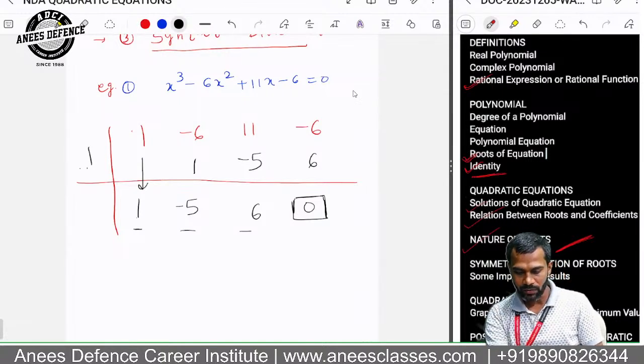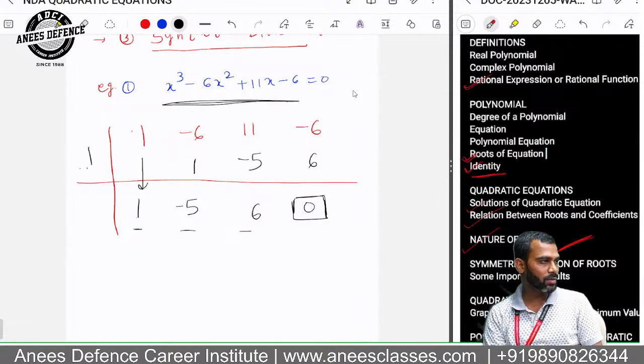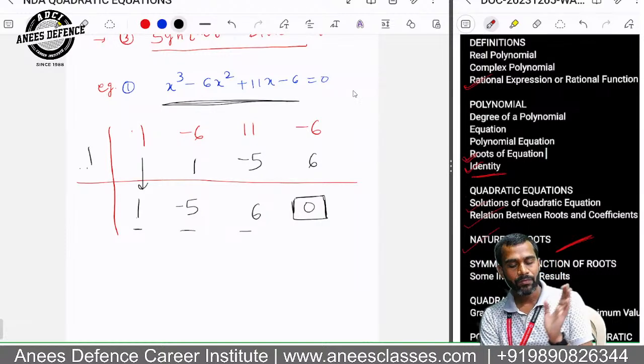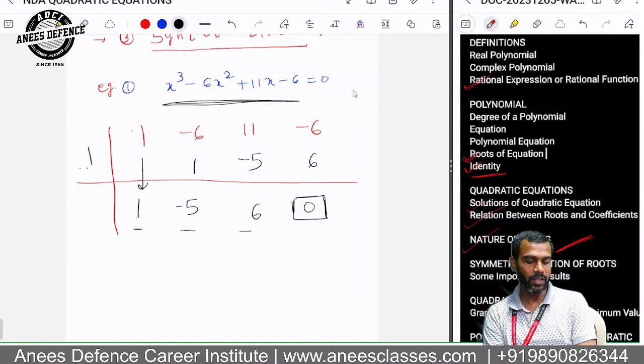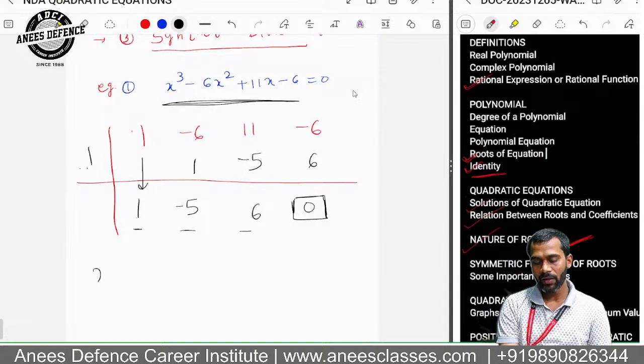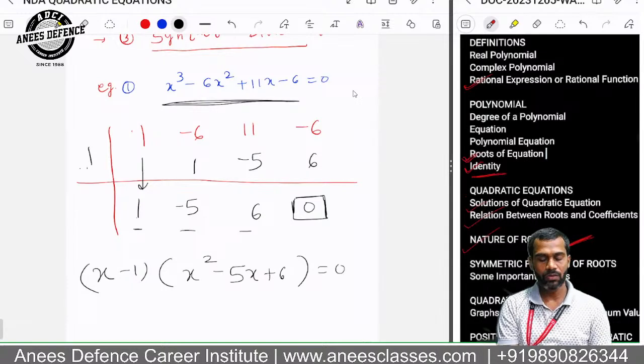The dividend is a cubic equation, so the quotient would be quadratic, and the coefficients are 1, -5, and 6. So x square minus 5x plus 6 is equal to 0. One of the factors would be x minus 1, and the other polynomial would be x square minus 5x plus 6 equal to 0.